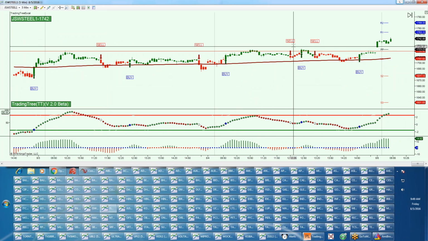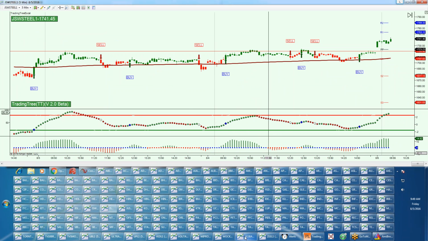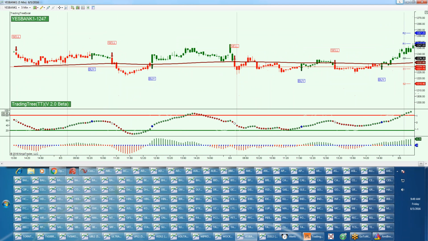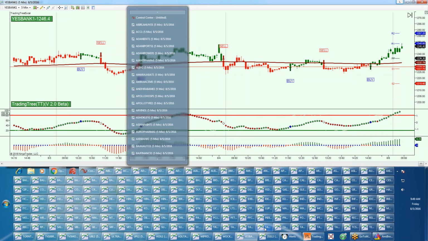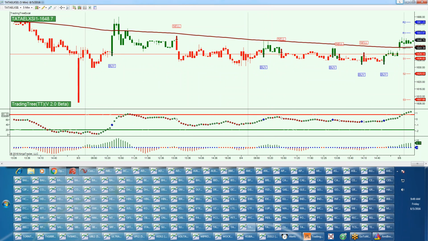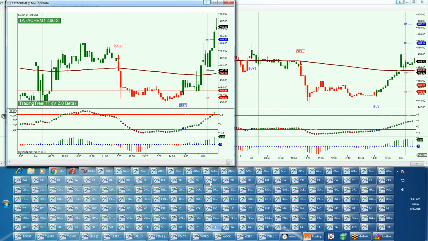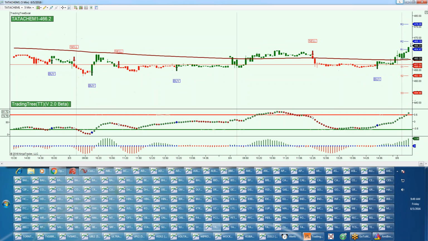So JSW Steel, your next target will be 1753. So Yes Bank has done its R1. So Tata Chemicals, your next target is 468.